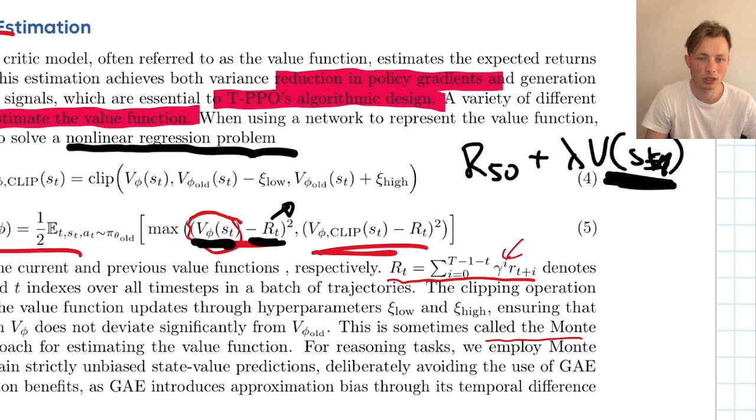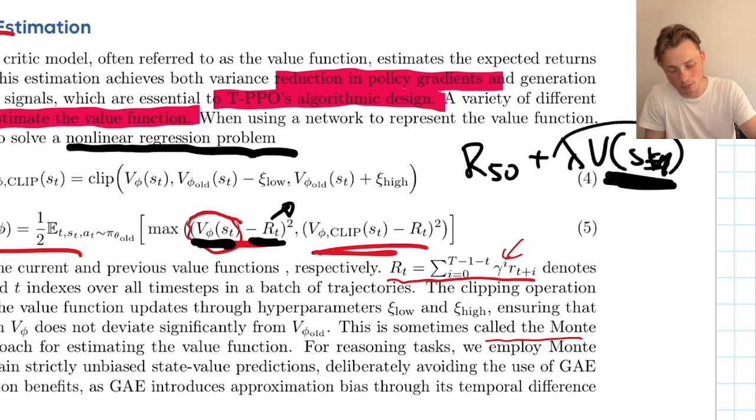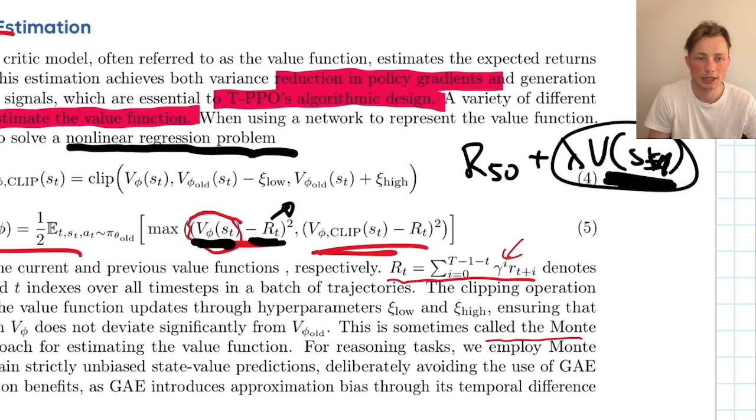So if we are using the bootstrap here and not the complete Monte Carlo series, we would also make a change in our target, which makes the training unstable.